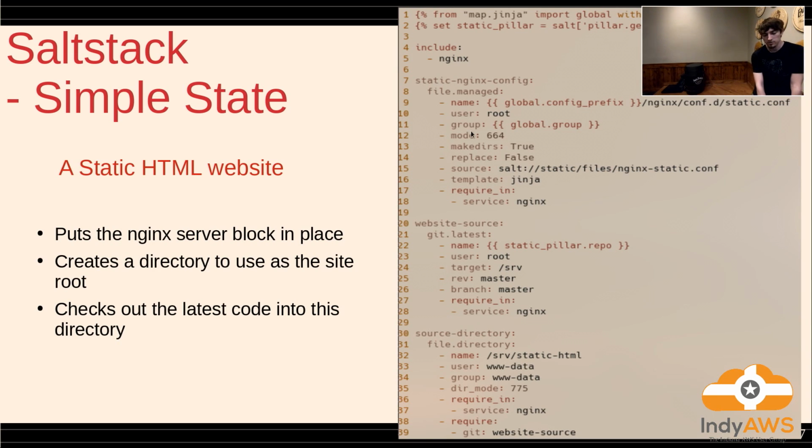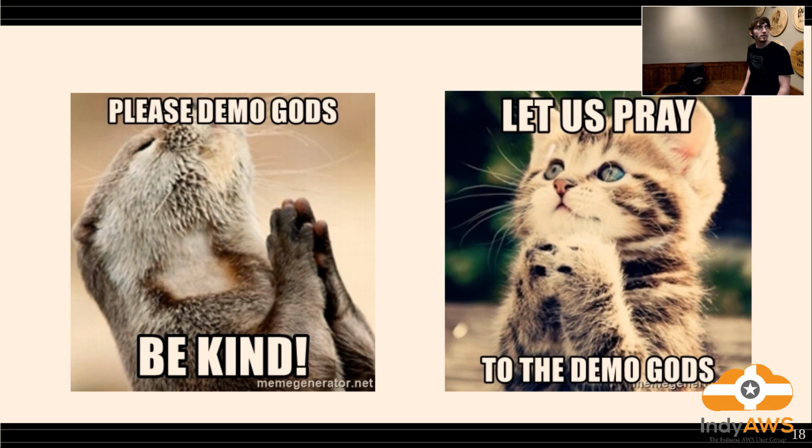Then we're going to include a static.conf with just a static Nginx block, so it'll tell it where to find the files that we want to run. It's going to check out the pillar repo, which we defined in the pillar earlier, put it in a location, and set the file permissions so that the web server is able to read it. And now we are going to hope that everything works.